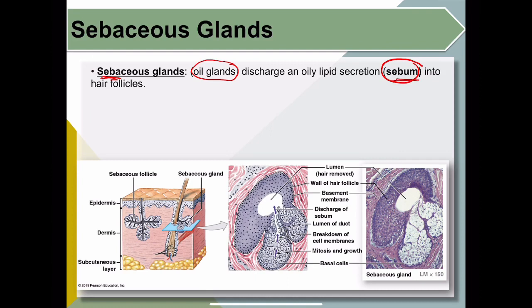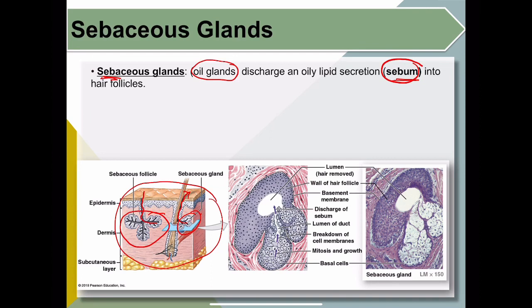And they release sebum into hair follicles and onto the epidermal surfaces. So here's your picture of your skin, for example, and here are those sebaceous glands around here, and they can release oil onto the surface of the skin, or through the hair gap there onto the surfaces of the skin.